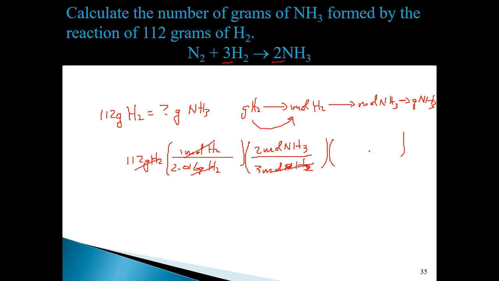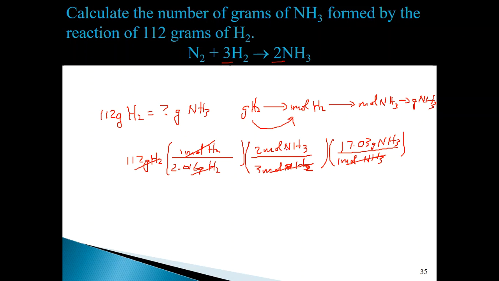And then the last step is where you go from moles of ammonia, 1 mole of ammonia, to the molar mass. And the molar mass of NH3 is 17.03 grams per mole. So you're going to have up top here 17.03 grams of NH3.